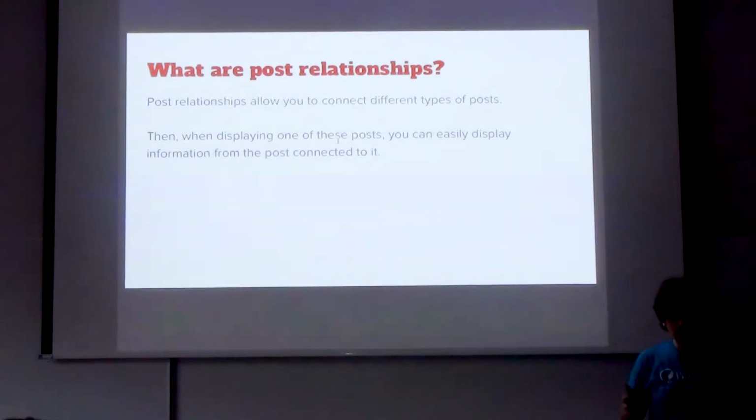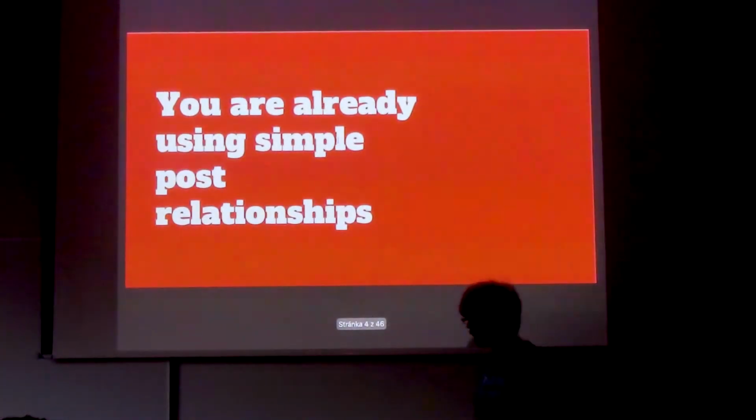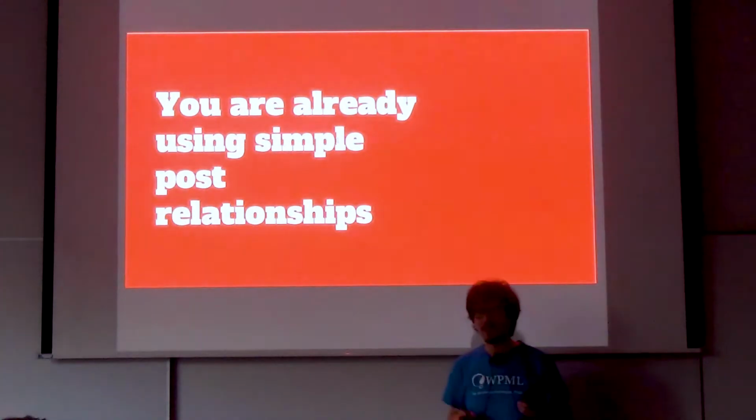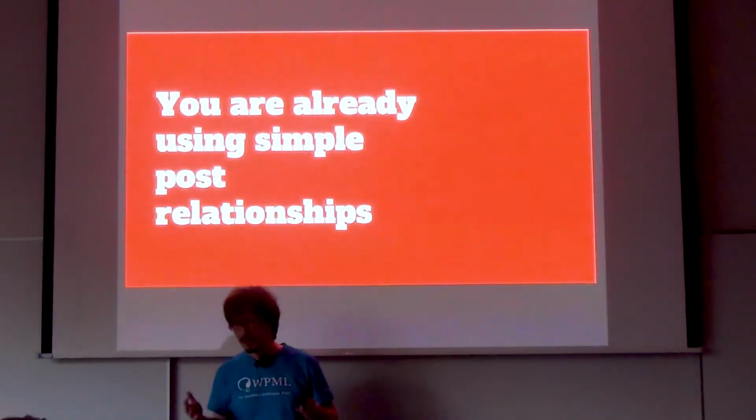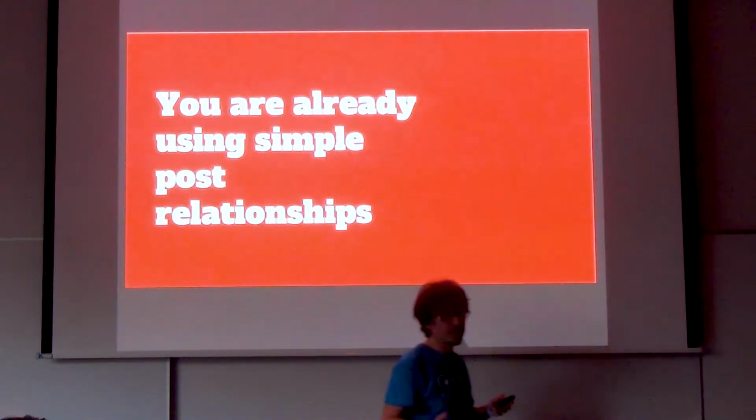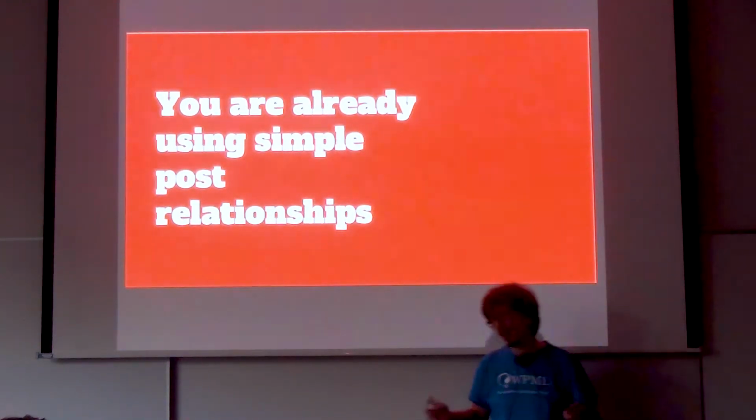Basically, because then when you're displaying stuff on the front end, you can actually use these connections. Let's take a look at the simplest example. You're already using simple kinds of post relationships in WordPress, as we all are.